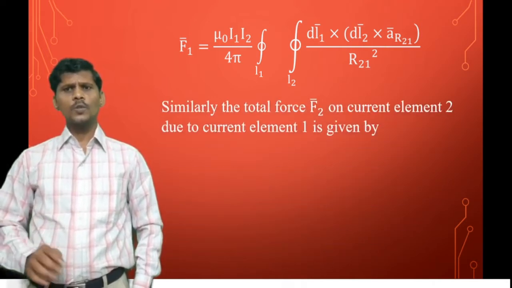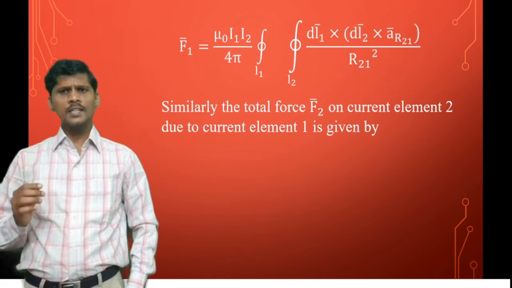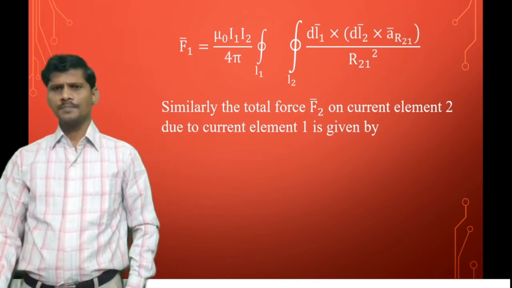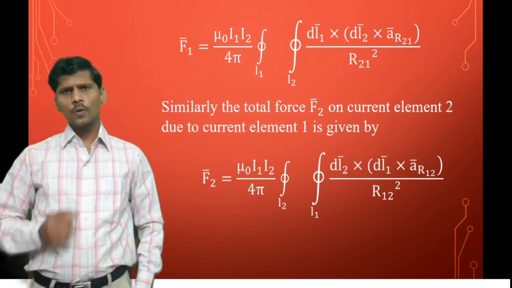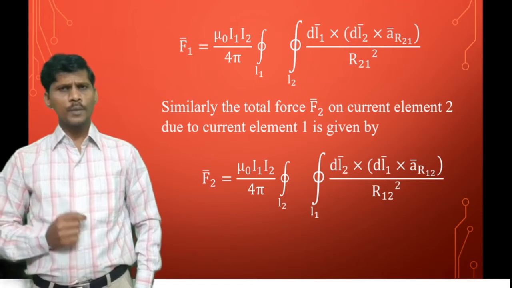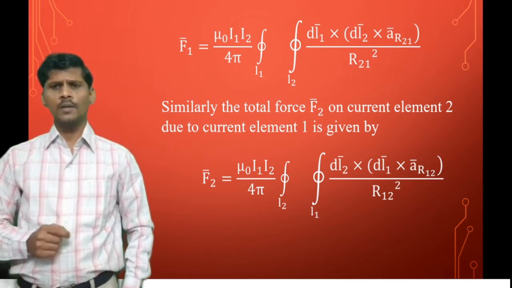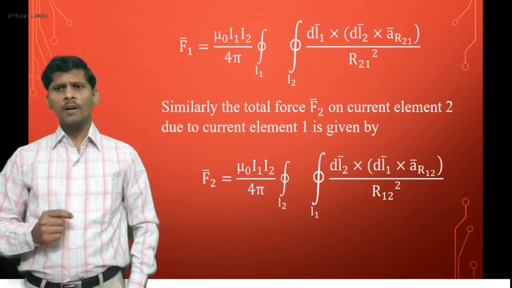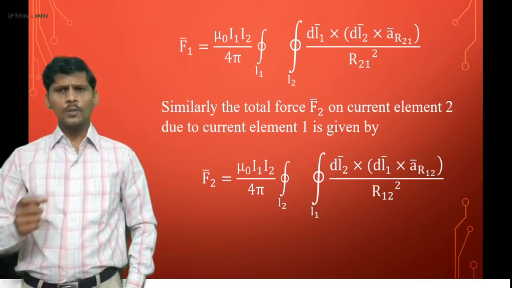Similarly, the total force F2 bar on the second current element due to the first current element is F2 bar equal to mu naught I1 I2 by 4 pi closed line integral of L2 closed line integral of L1 dL2 bar cross dL1 bar cross aR12 bar by R12 square.